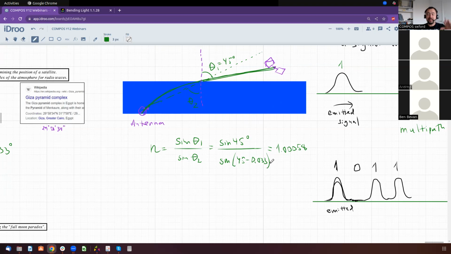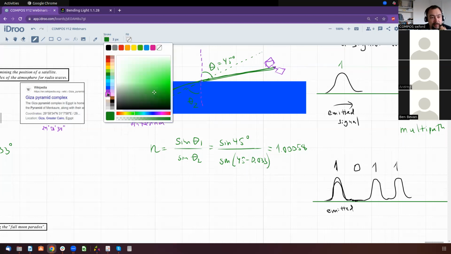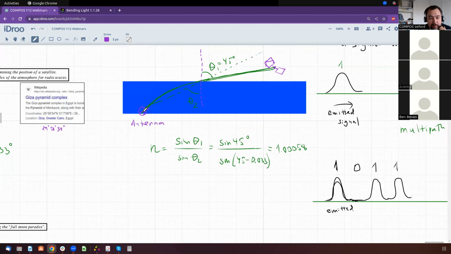So what it means is it gives you an error. You point your antenna at a point in the sky, and this is where you think the radio signal is. Well, actually, it's not. So we think it is coming from that angle. It's actually coming from that angle.